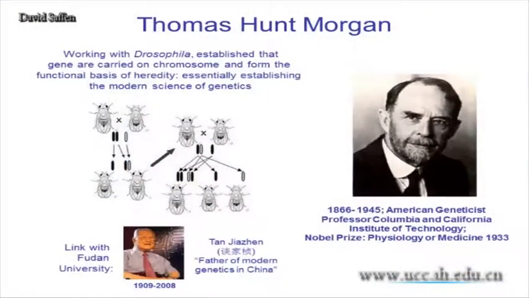Okay, another important person is Thomas Hunt Morgan, and he didn't study patients, he studied fruit flies. But his group was the first to really understand clearly the relationship between genes. By this time, the word gene had been invented, and he was the first to understand the relationship between genes and chromosomes.